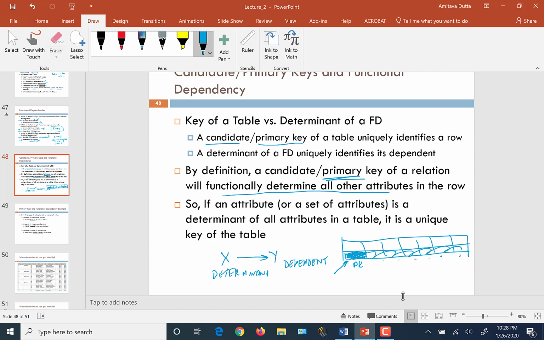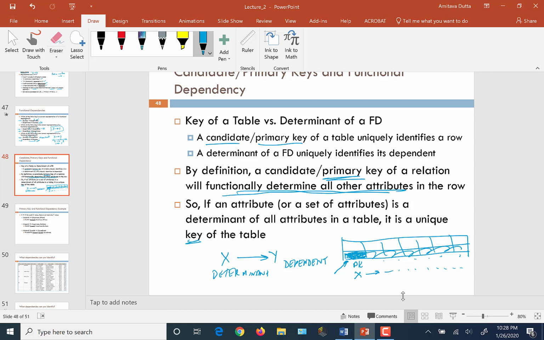In the language of functional dependencies, it means that if I give you this value of x, the primary key, then you can tell me all these other values in that one row. Hence, we can say that the primary key functionally determines all other attributes in that row. By reverse logic, if, when we are doing functional dependencies, we find a particular attribute that uniquely identifies all other attributes in the table, then that attribute could serve as a key for the table.